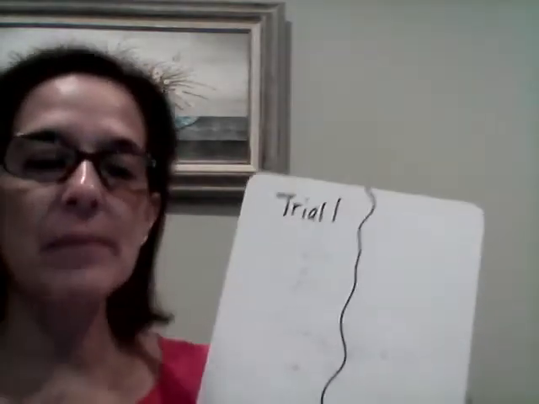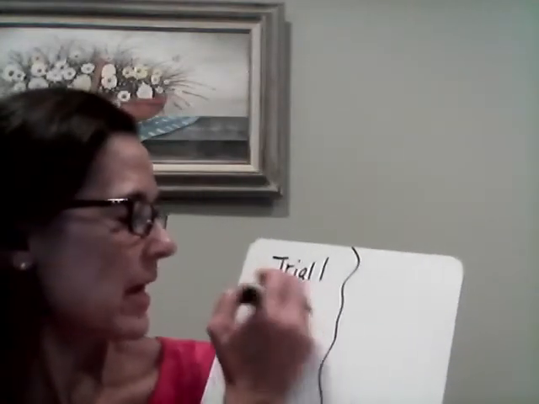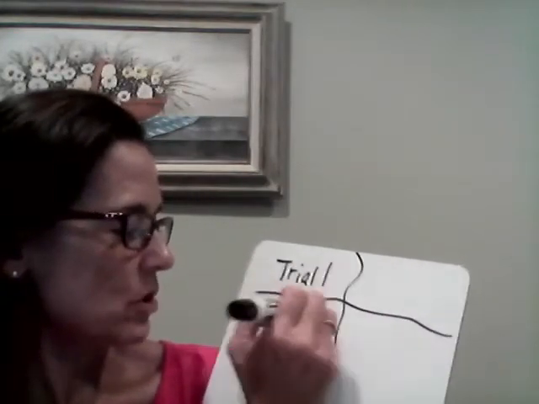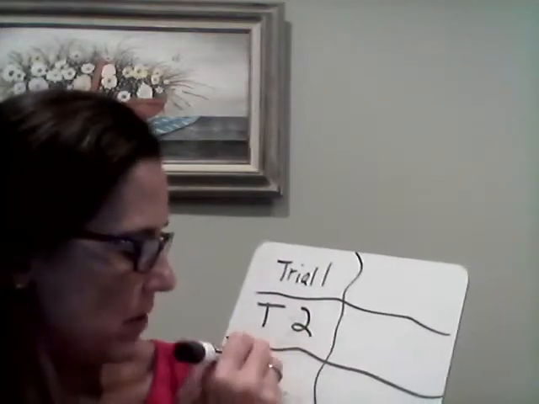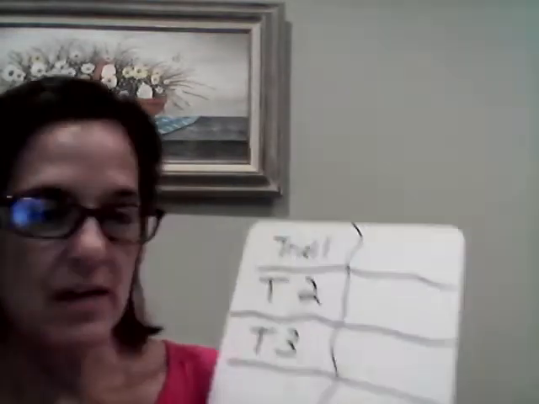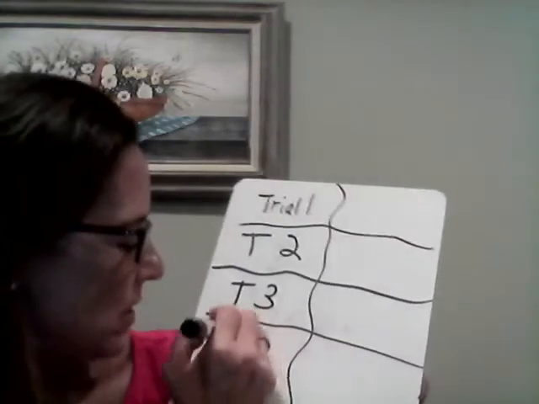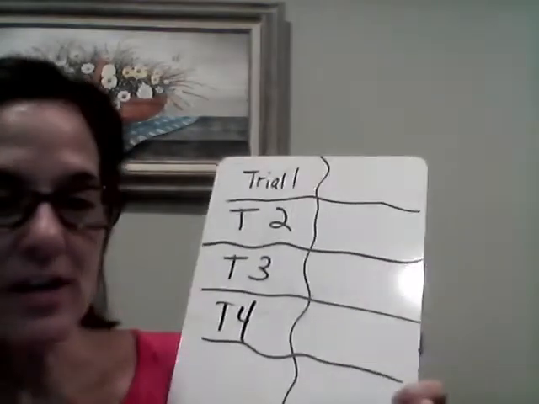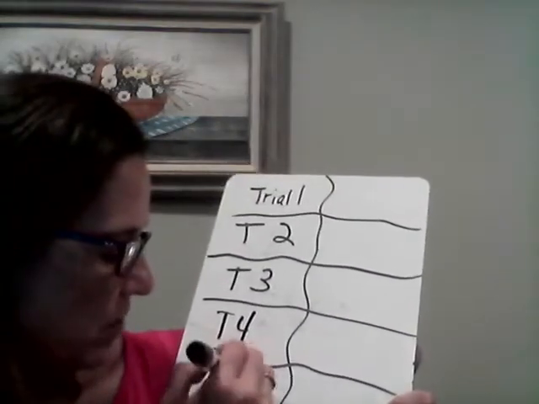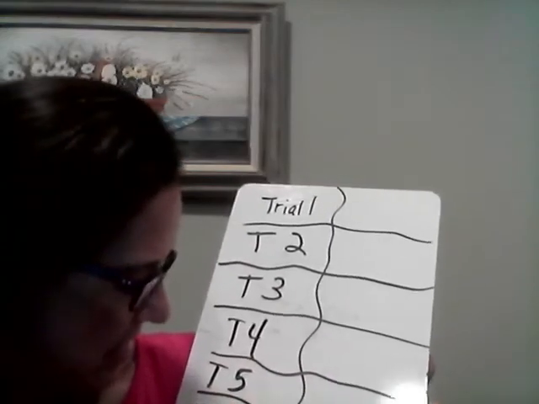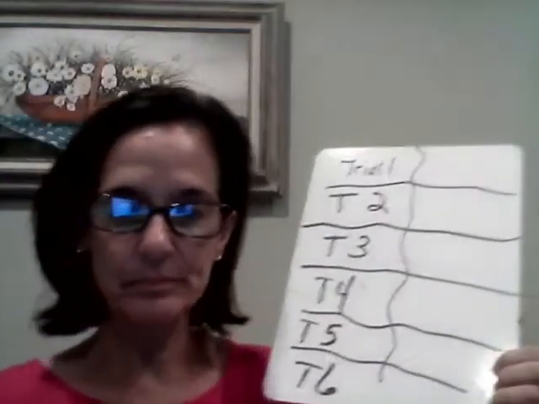And we divided our paper. And then we had trial number 2 and divided our paper. Trial number 3 and divided our paper. Trial number 4 and trial number 5 and trial number 6.